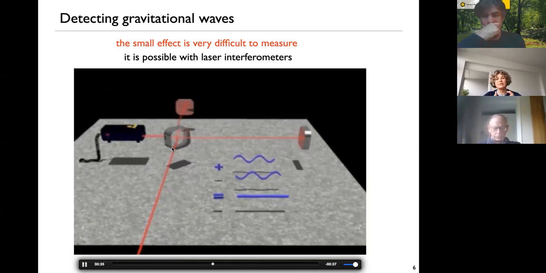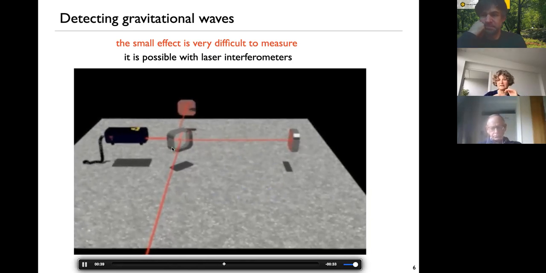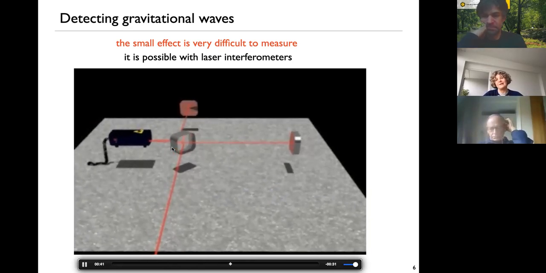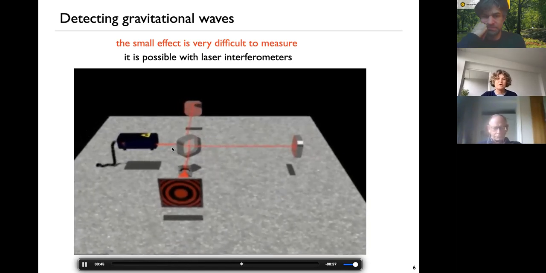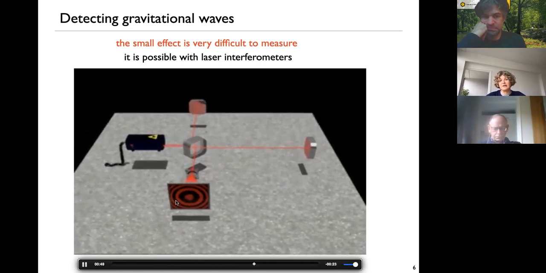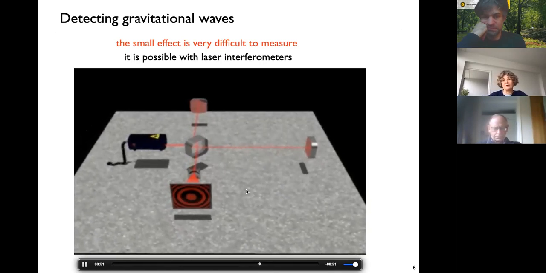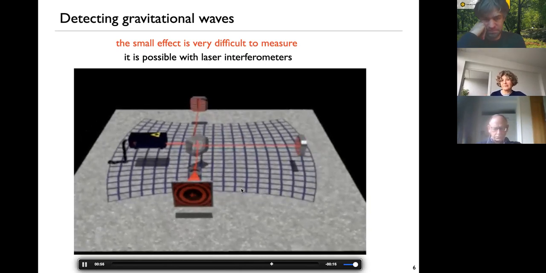So you can think of the laser light kind of like waves. Depending on how the crests and troughs line up, they will either cancel each other out or enhance each other. And this leads to a different interference pattern, which is shown now on the screen. You can see as the arm length changes, the interference pattern changes.